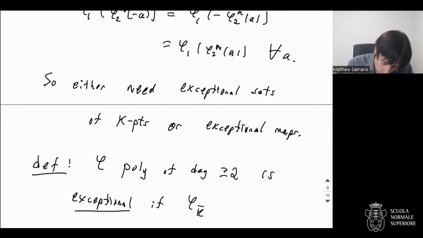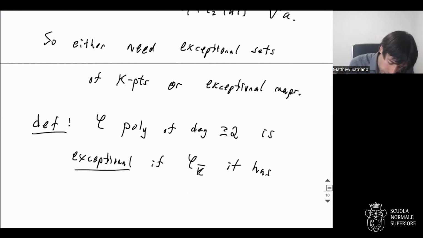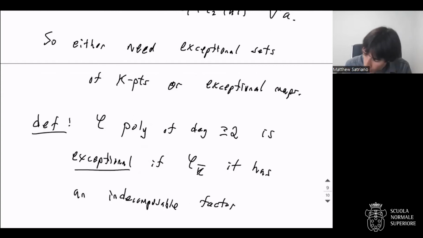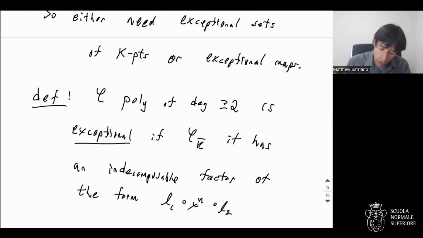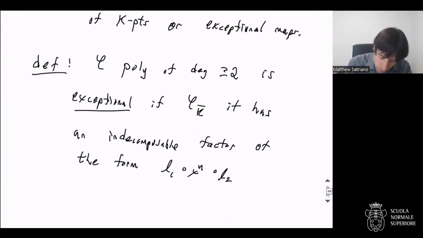if over the algebraic closure of K, it has an indecomposable factor of the form L1 composed x to the n composed L2, or L1 composed an odd Chebyshev.